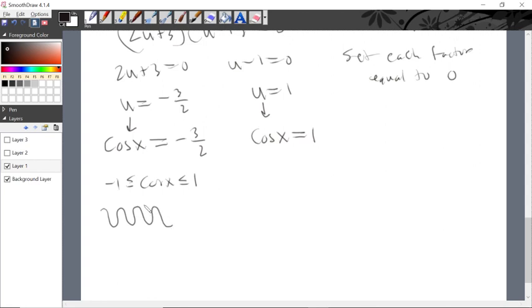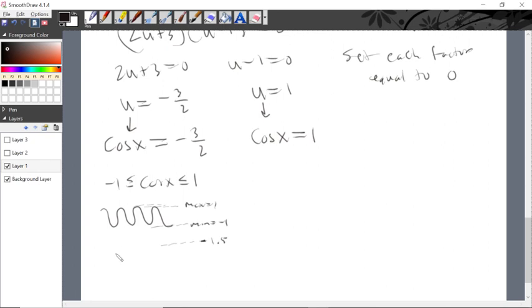The maximum of the cosine function is 1, and the minimum is -1, unless we apply an amplitude modulation, but this is not amplified. There's no multiple in front. So the function itself, cosine, will never get to be negative 3/2 or negative 1.5. Negative 1.5 would be down here, and cosine never gets there.